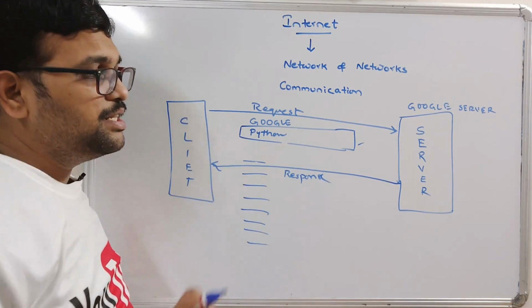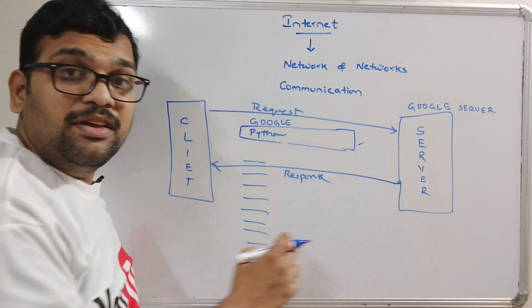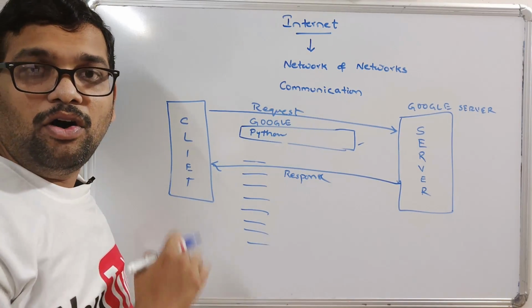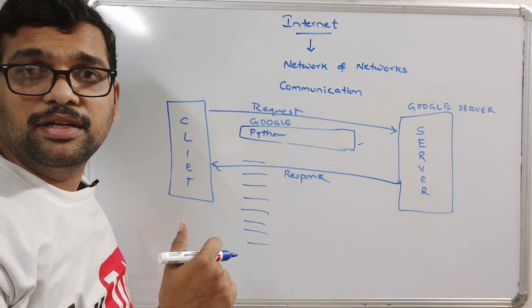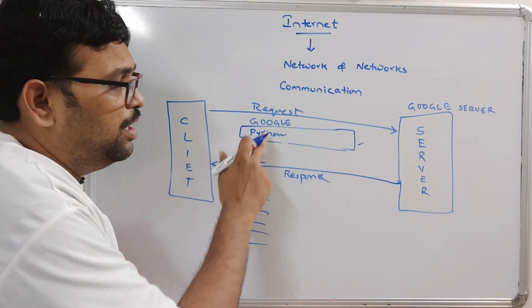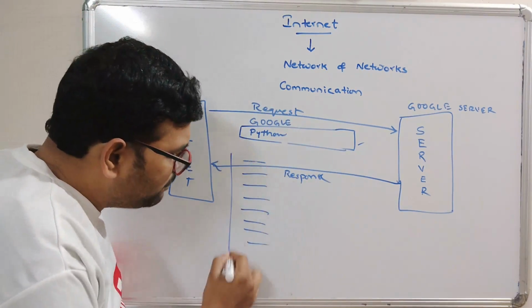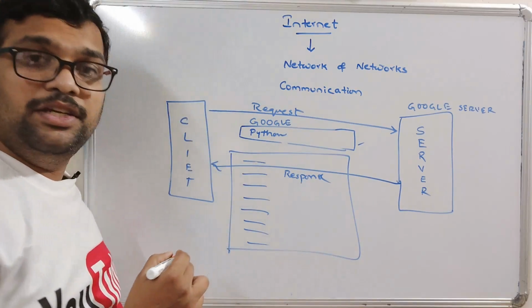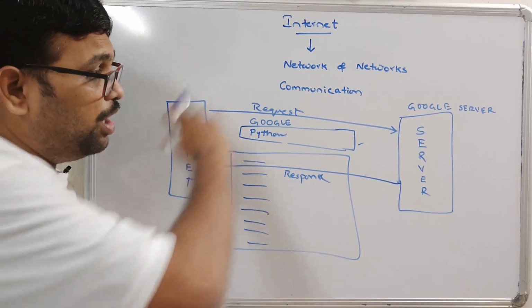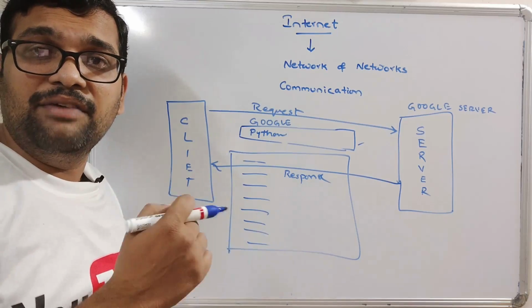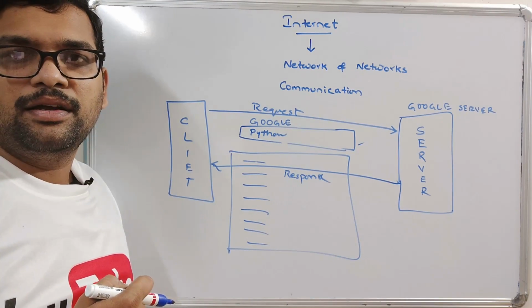So one amazing thing is all this happens in a fraction of seconds, right? So you go to google.com, type the Python and press enter. You can directly observe a lot of web pages in your window. So that means all this process is going to be done in a fraction of seconds, right?